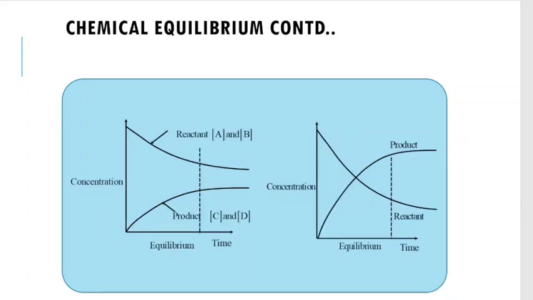Now listen carefully. This is again the graph of concentration versus time. This time, if we consider time t equal to 0, the reactants' concentrations are high and the products' concentrations are 0 at time 0.